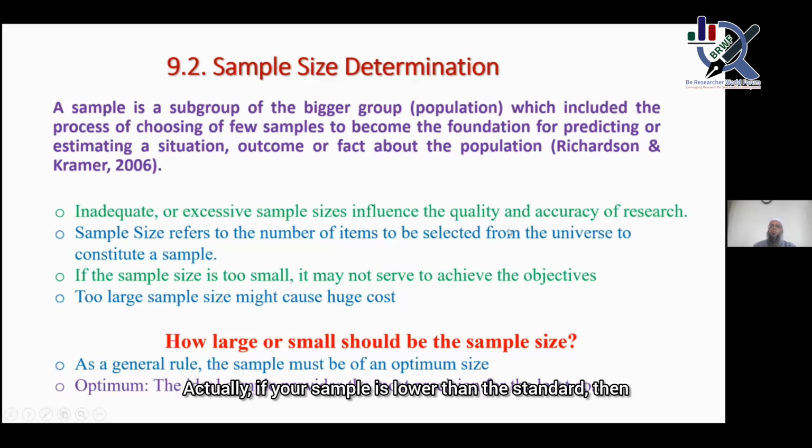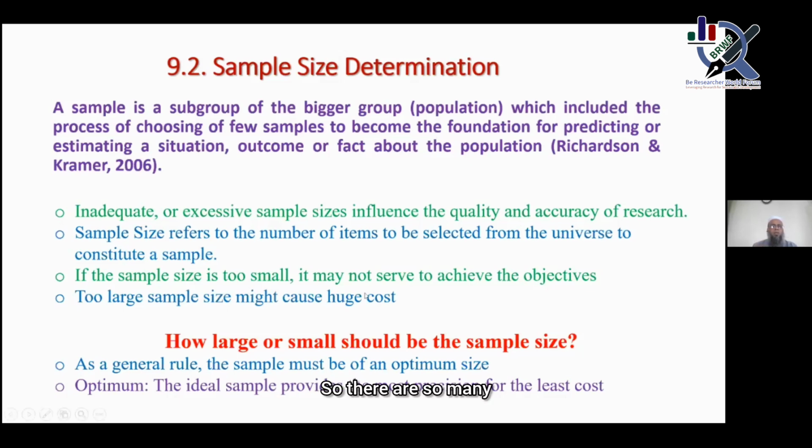Actually, if your sample is lower than the recommended standard, then it will have some problem. If it is more than the recommendation, then that will influence the result as well. So your number of samples should be accurate.